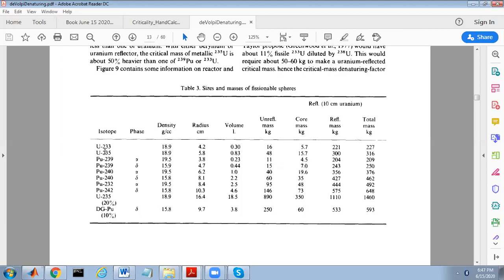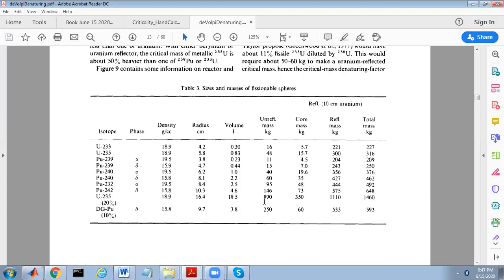And then you can look at other things. U-233 is as good as U-235, not used for other reasons. And plutonium-242, look at uranium-235, 20% enriched. Now 20% enriched has a radius of 16.4.